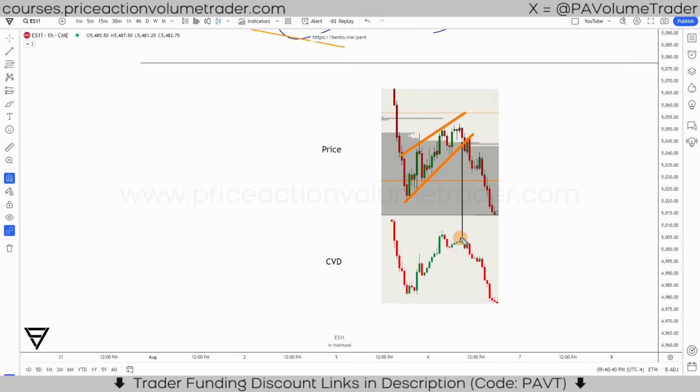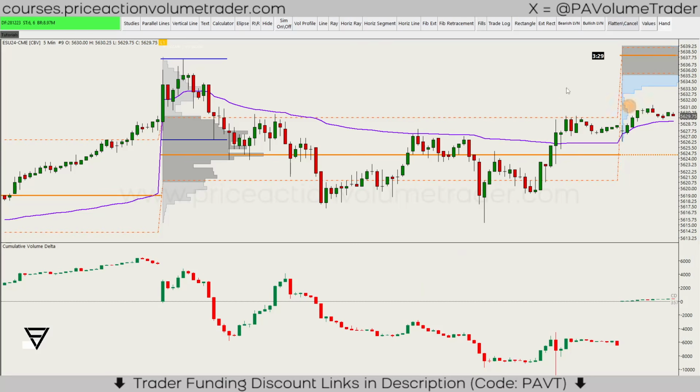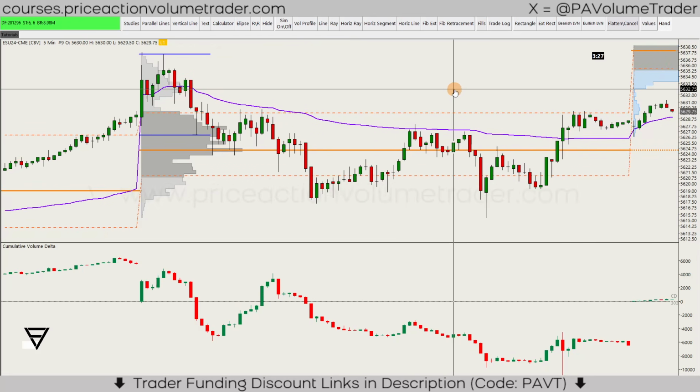And then you can see right here this candle, we just have a very tiny green buying candle, but we have a big red candle going down on the chart. So this means there's very little buying participation, and price is giving us a strong push down. This is a good example of this.